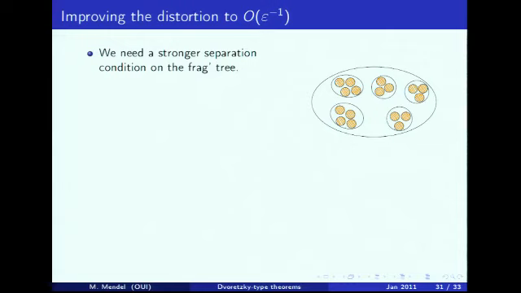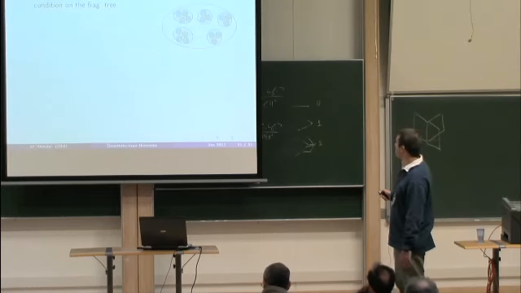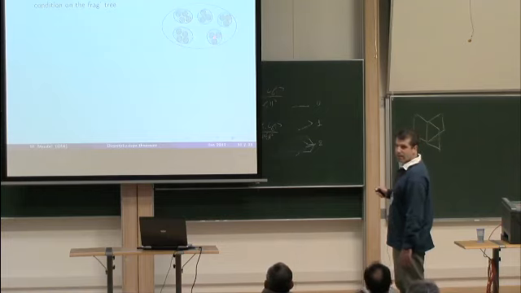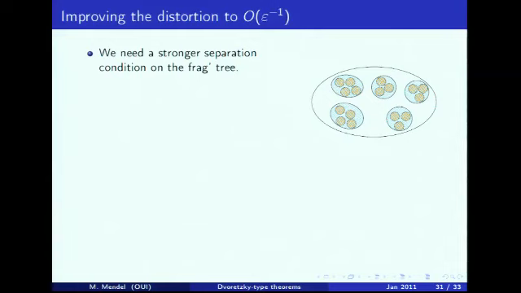Instead of looking at the level of the small balls, which are supposed to be red balls, okay, it looks like yellow here, we look at the intermediate level, the blue balls. In the intermediate level, we have separation. What having separation means is that between two blue clusters, the minimal distance and the maximal distance are roughly the same, which means that up to constant distortion, we can think of each of these balls as a point in some finite metric space.